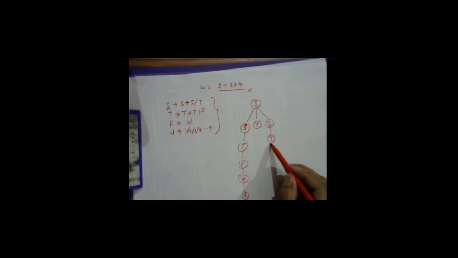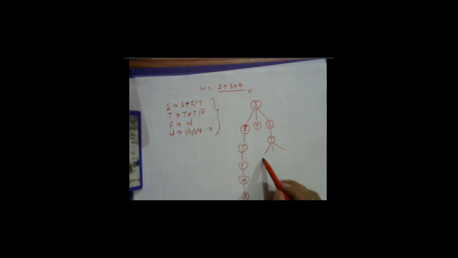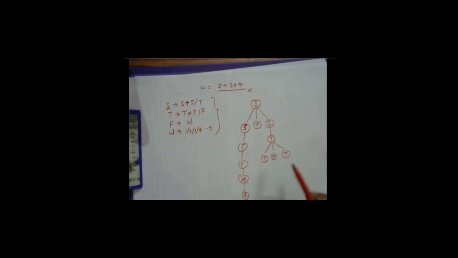We cannot get the into sign directly from S, so we form T. Then T forms T into F. This T again can form F, and we require 3, so F derives id, and id derives 3.